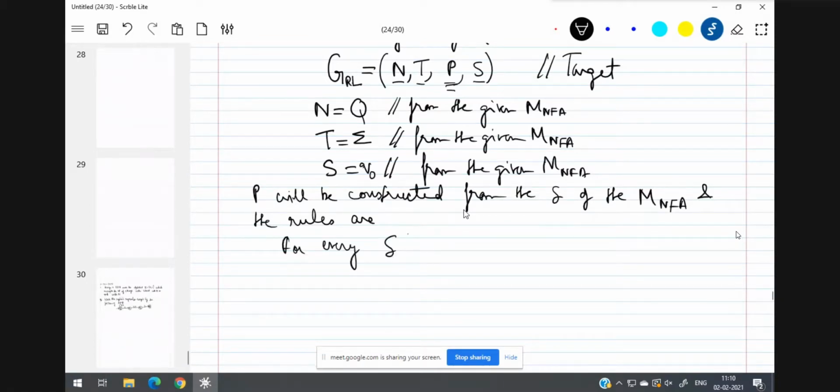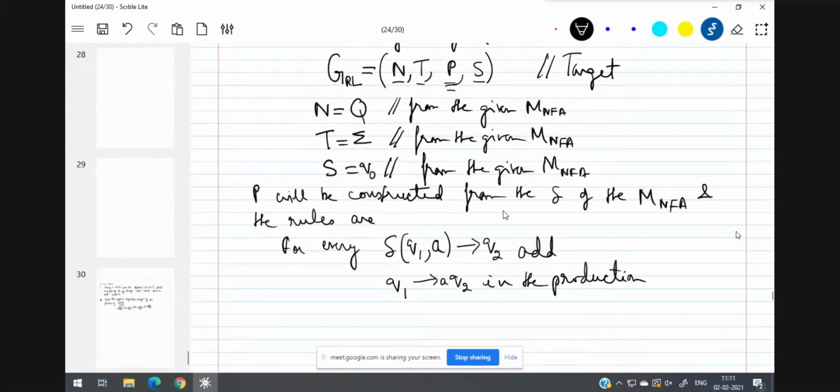for any state Q1 with input symbol A, if the transition moves to Q2, and you have such a transition in the given NFA, then the production you add is this kind of production.